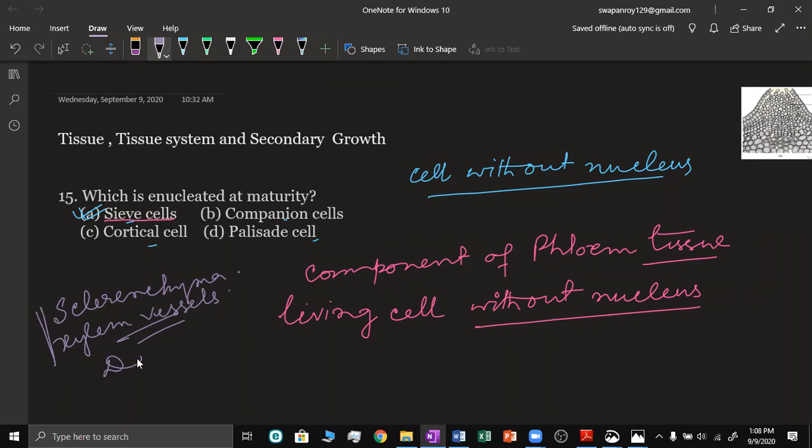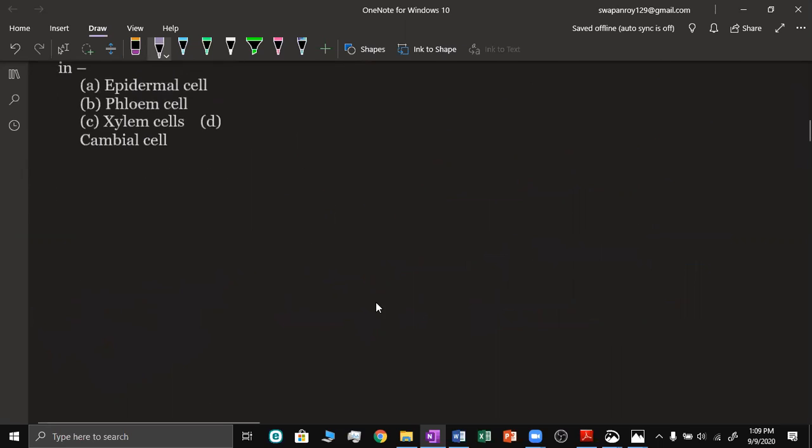They are dead cells, so naturally they don't have cytoplasm and nucleus both. But the sieve cell is living and doesn't have any nucleus at maturity.